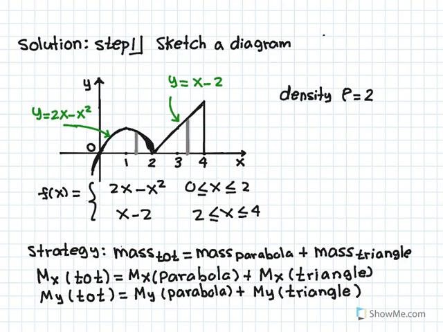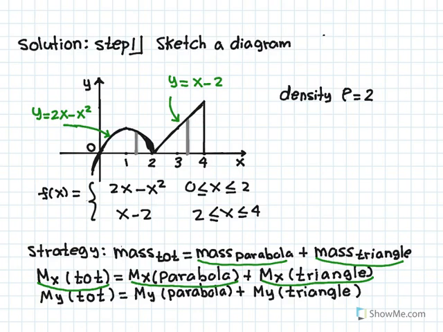So this is a little bit different than the kind of questions we've been doing so far. Our strategy will be: the total mass is the mass of the parabolic part plus the mass of the triangle. The total moment with respect to the x-axis is the moment of the parabola plus the moment of the triangle. We're using additivity of moments.